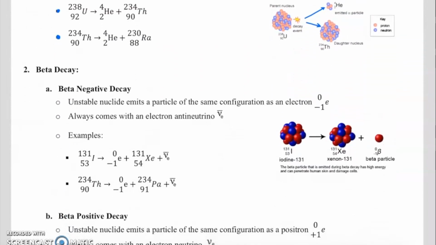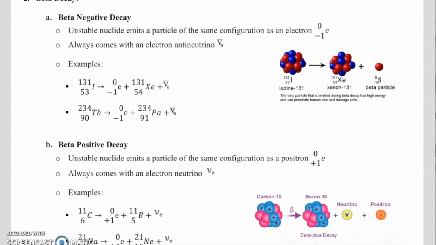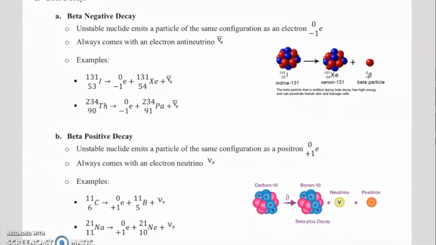Our second type of decay is going to be beta decay. You can see there's actually 2 types of beta decay. There's beta negative and beta positive decay. Beta negative decay is when an unstable nuclide is going to emit a particle of the same configuration as an electron.